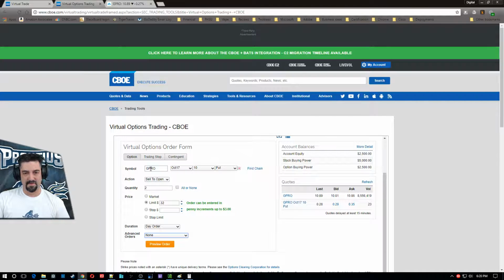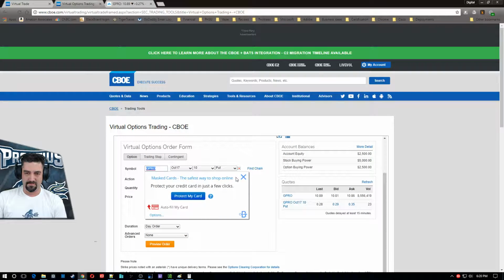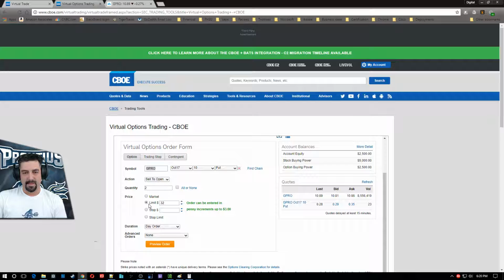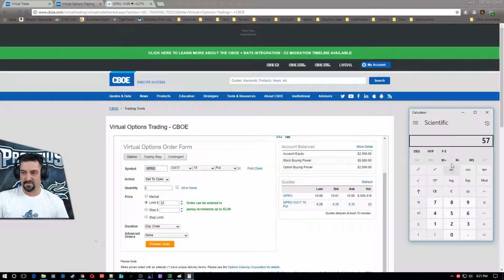We're not going to worry about that. So this is what we've got: GoPro, October $10 put, sell to open, 2 contracts, which influences 200 shares of GoPro. And we put a limit in here of 32 cents. So we want to get paid 32 cents a share for taking the risk of selling this put, which doesn't sound like all that great because we're talking maybe $57, right?